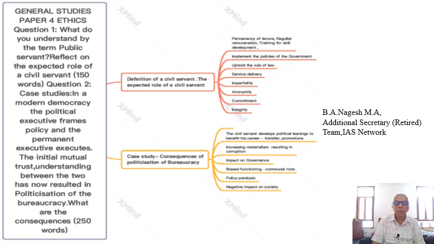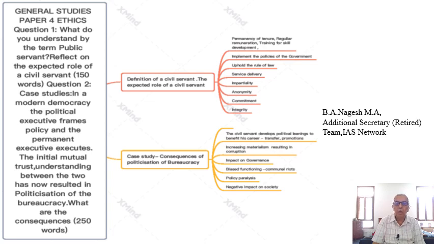The programs for them have to be structured in such a way that the beneficiary benefits from the programs. How effective service delivery is depends again on the role of the civil servant. Impartiality: by impartiality, I mean that when discharging his functions, he is supposed to be impartial. He should not take sides in an issue.